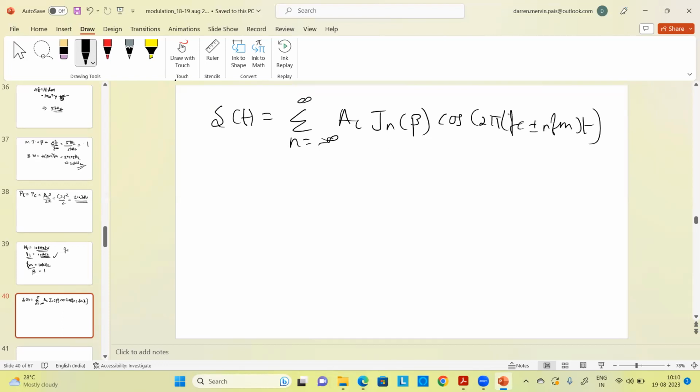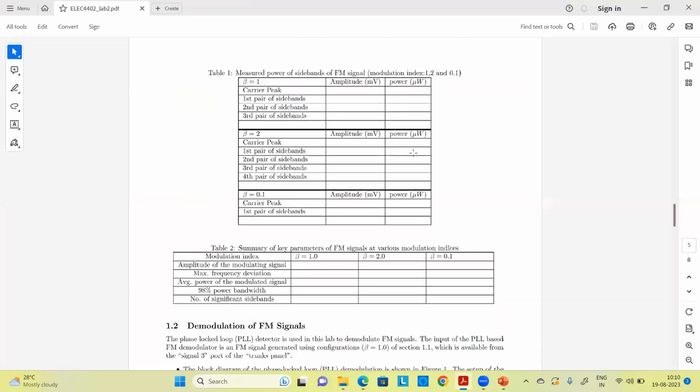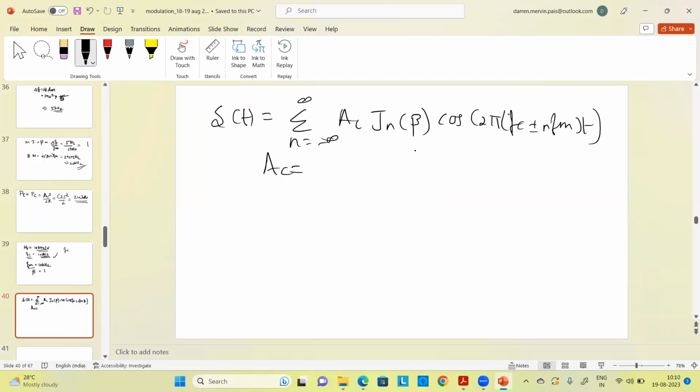Since they told you the FM signal is 4 volt peak to peak, 4 volt peak to peak divided by 2 is 2 volts. Is this clear?